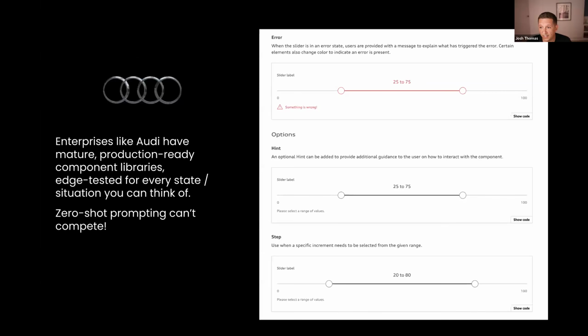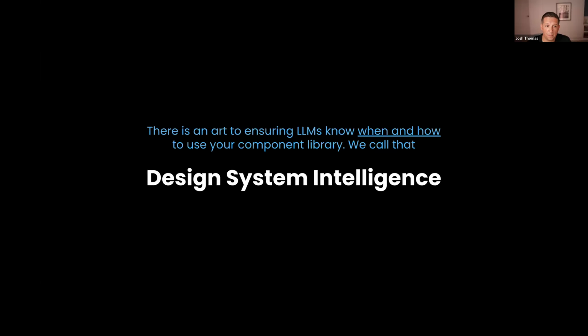It's much more likely that relying on the design system that you already have is going to create code that is better in the end. And there's an art to ensuring that LLMs know when and how to use your component library. And at Builder, we call this design system intelligence. It's called context engineering. So right now, that's a popular term, context engineering.